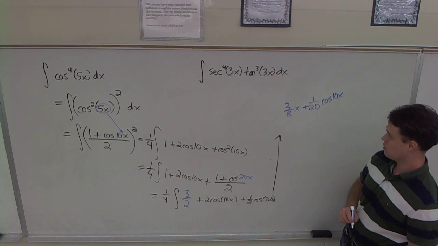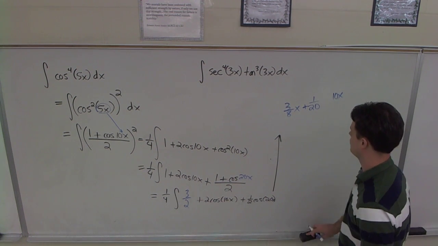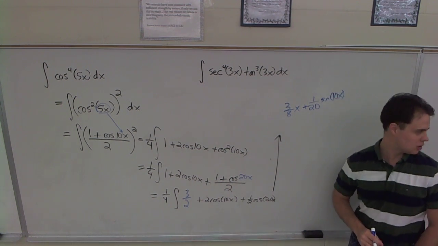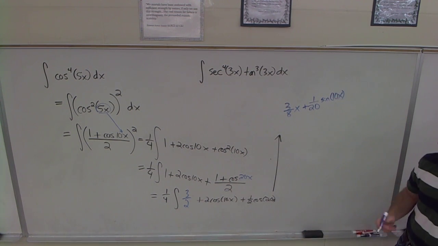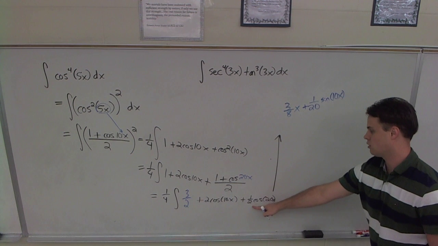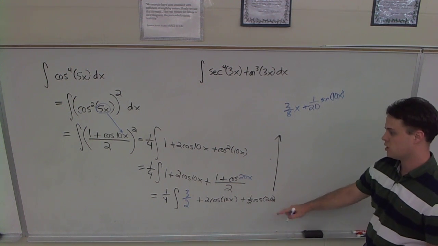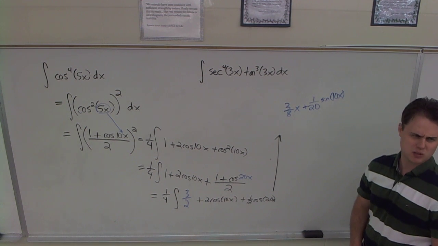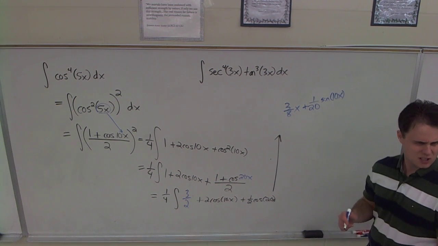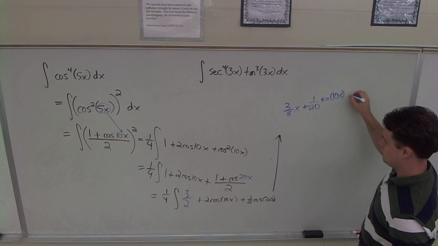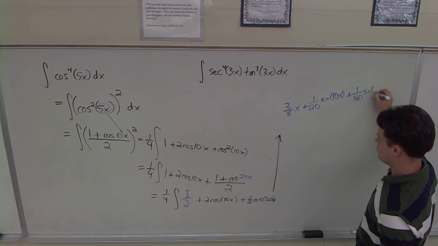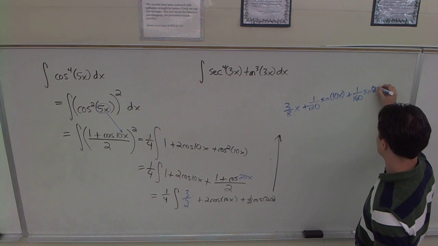Sine. Oh, yeah. Yes, good. And this one's going to go the same way, right? We've got 1/8. We're going to have to compensate for that 20, so 8 times 20 is 160. Is that right? So plus again, and sine, of course.